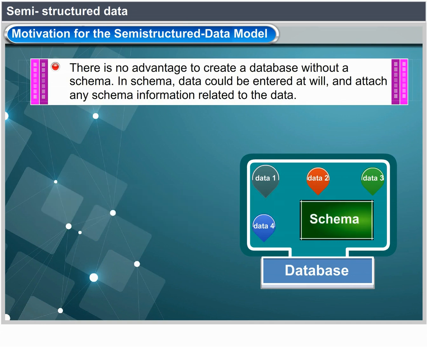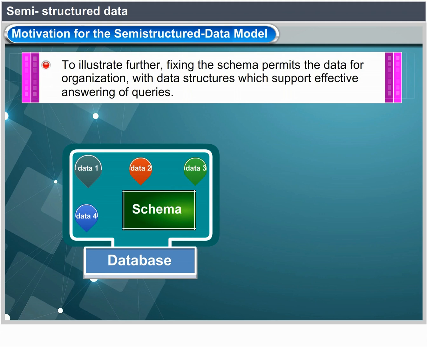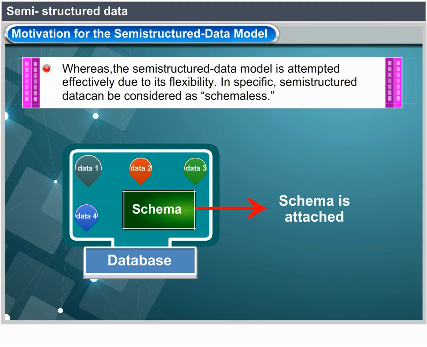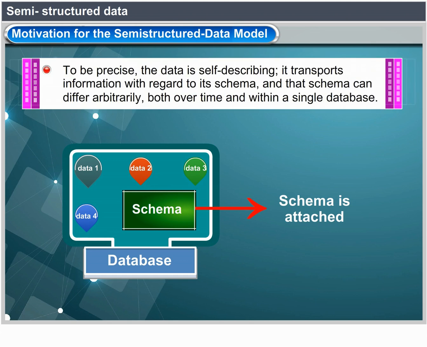For instance, fixing the schema allows the data to be organized with data structures that support efficient answering of queries. On the other hand, interest in the semi-structured data model is motivated primarily by its flexibility. In particular, semi-structured data is schemaless. More precisely, the data is self-describing.